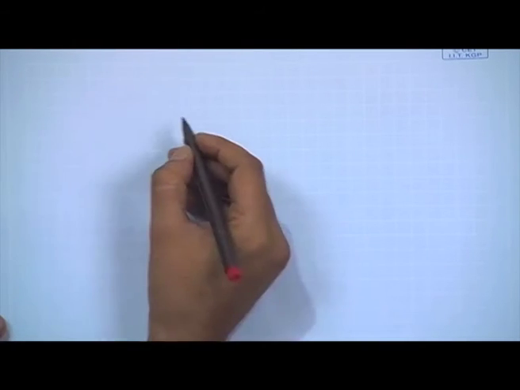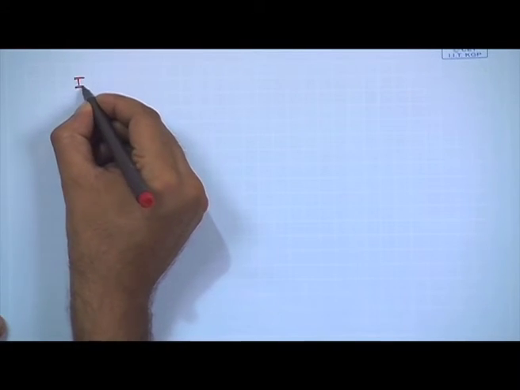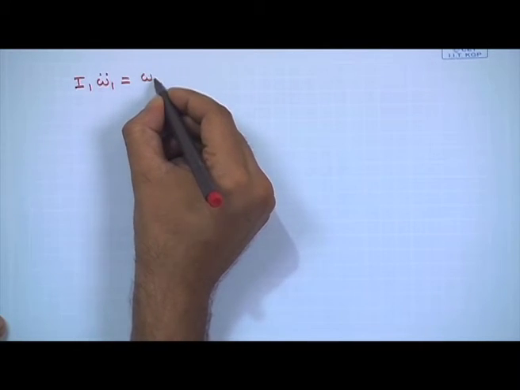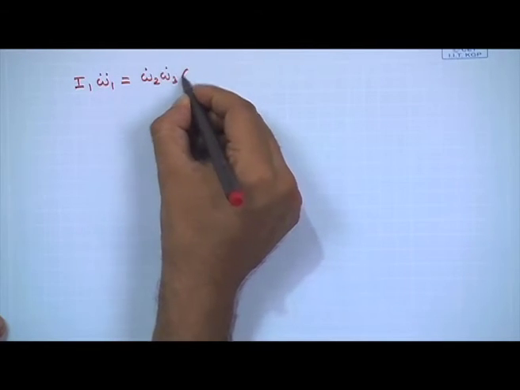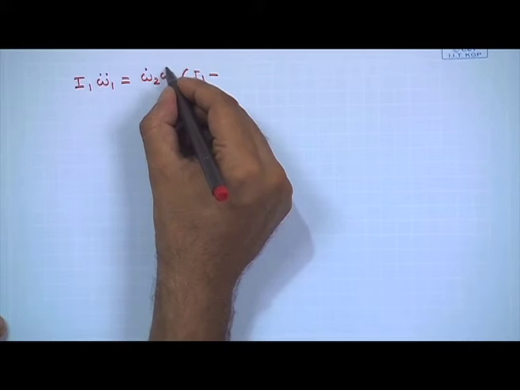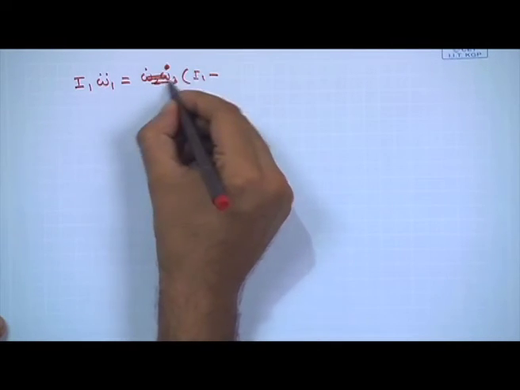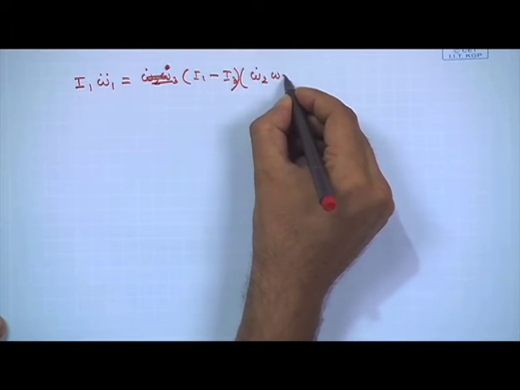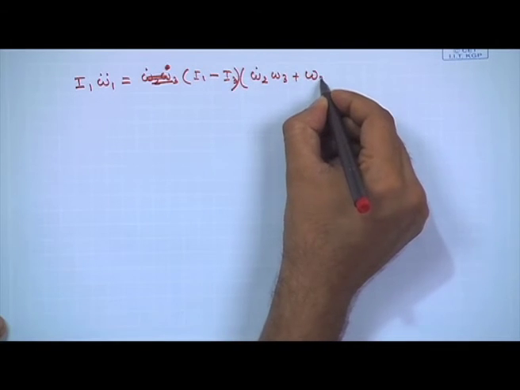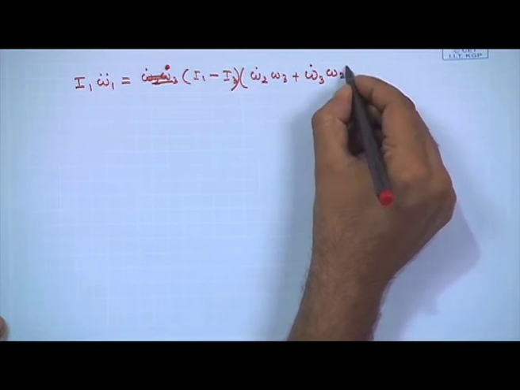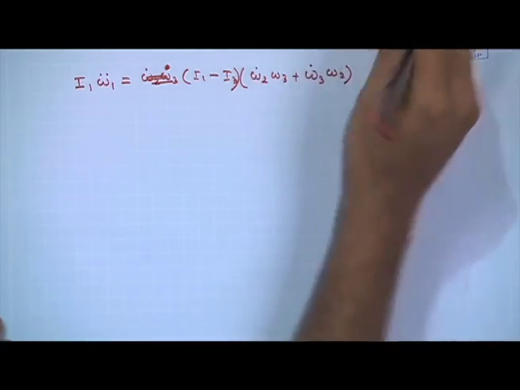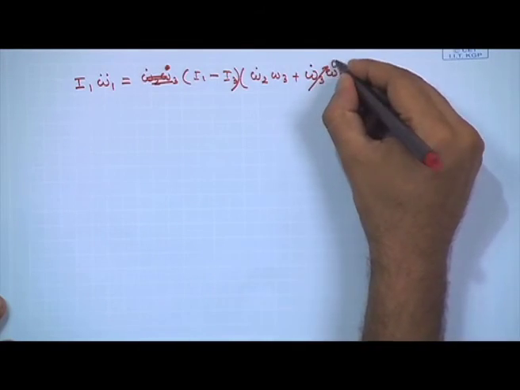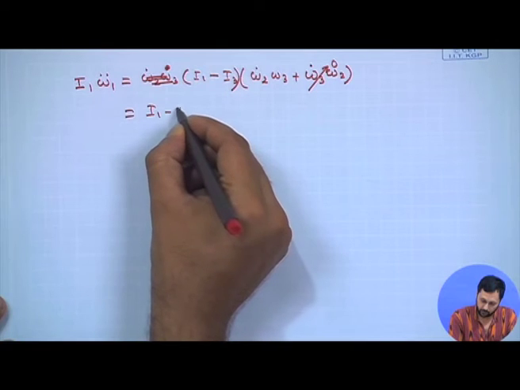I can take the first equation and write I1 omega 1 double dot is omega 2 dot omega 3 I1 minus I3, plus omega 3 dot omega 2 (I1 minus I3), right. Now, omega 3 dot from the third equation gives you 0, okay. So, we can set this equal to 0.